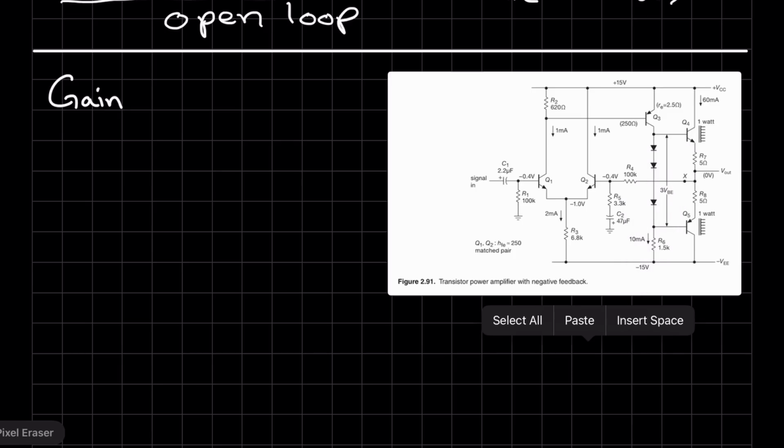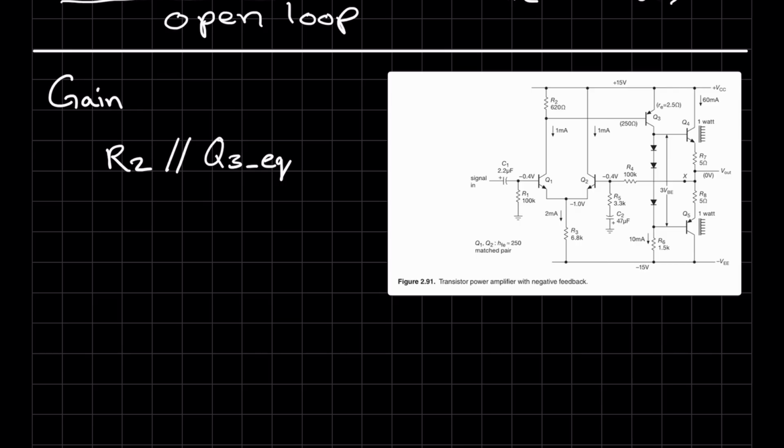So first of all, we have this transistor over here, with its collector resistance R2 in parallel with some equivalent resistance from this part of the circuit here, and RC and RE. So RC is this resistor here, and the emitter resistance is going to be the two resistors that are over here. So first of all, let's look at R2 and the equivalent resistance in parallel, which is a result of Q3's base.